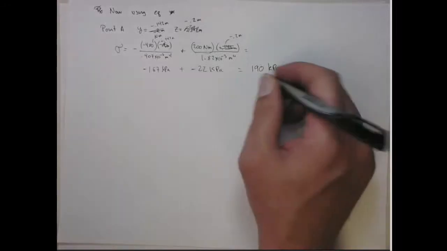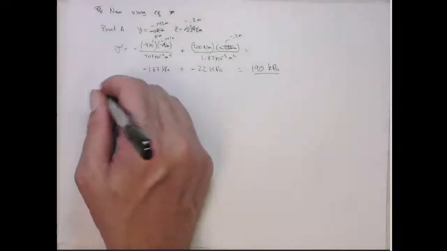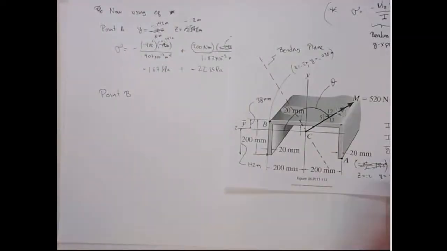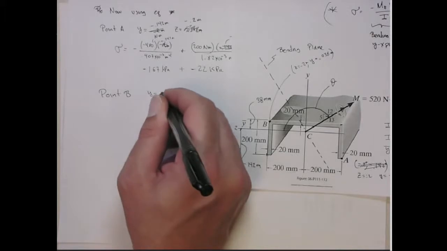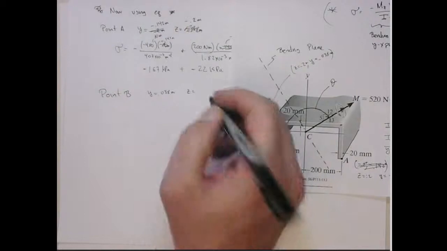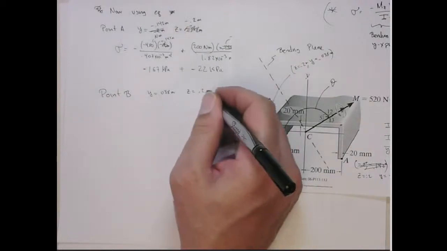All right, now we're going to do point B. At point B, we're going to use y equal to positive 0.038 meters, and z equal to 0.2 meters.